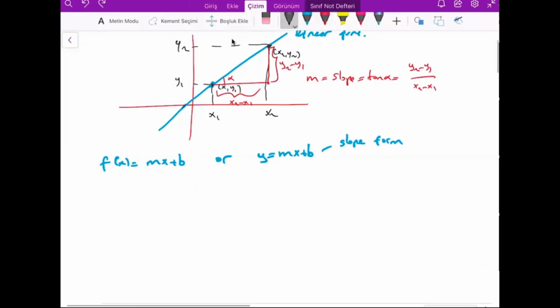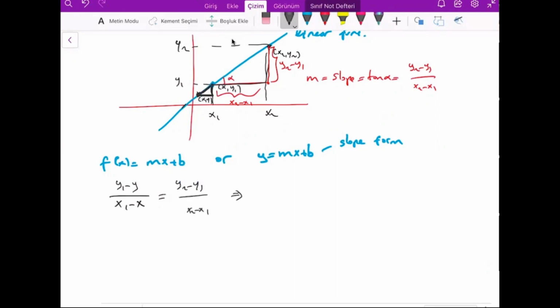So I want to write this slope and this slope. These are the same, because they are on the same line. So y1 minus y over x1 minus x is the slope of this line segment, which equals y2 minus y1 over x2 minus x1.